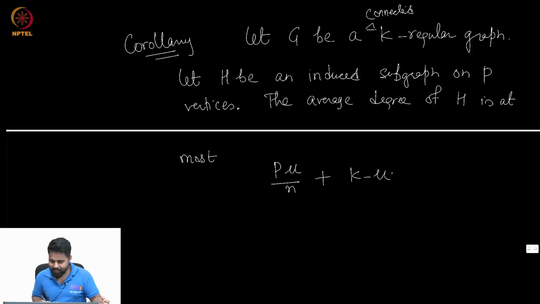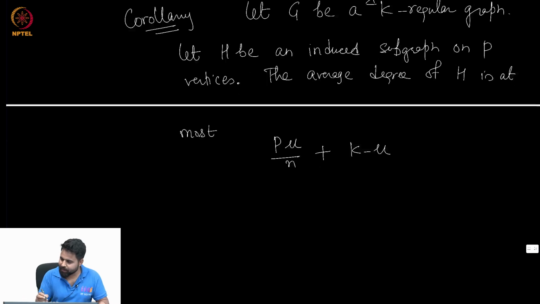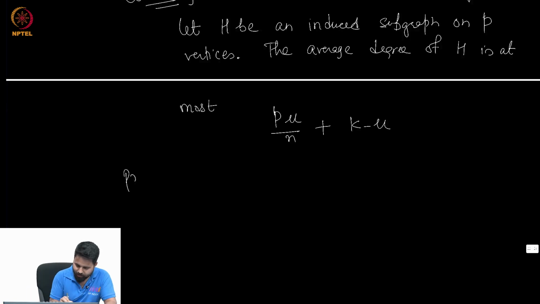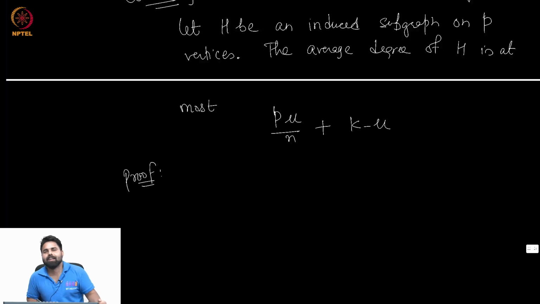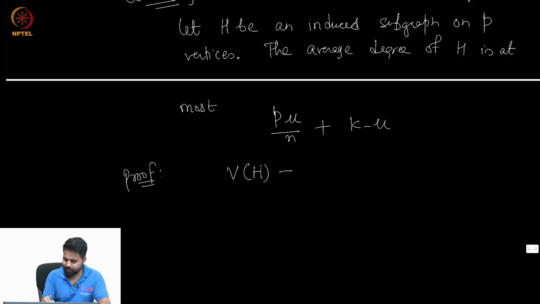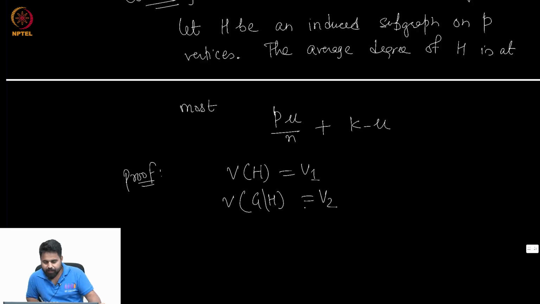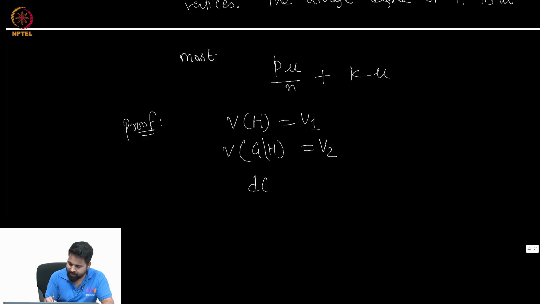So how to prove this? Proof. Let V1 consist of all the vertices of H, and V2 is the rest of the vertices, the vertex set of G minus H. Now the distance between V1 and V2 is equal to 1.